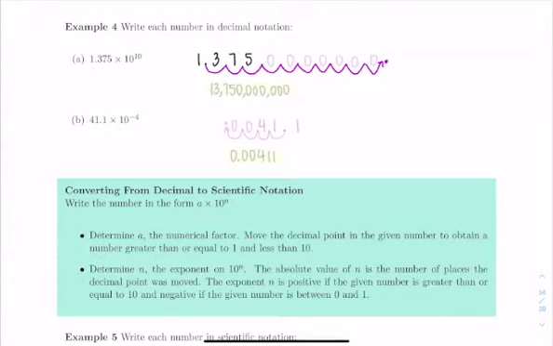That's where your new decimal is. In any of these blank spaces, we just go ahead and put zeros in. So what we end up getting as an answer in decimal notation is 13,750,000,000.